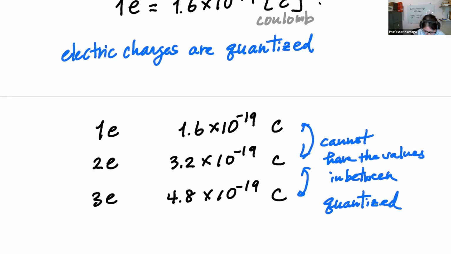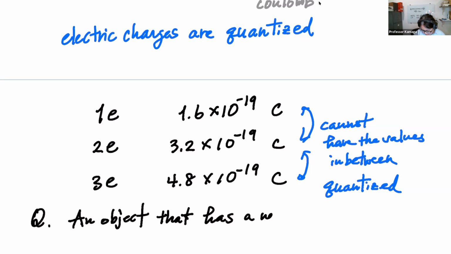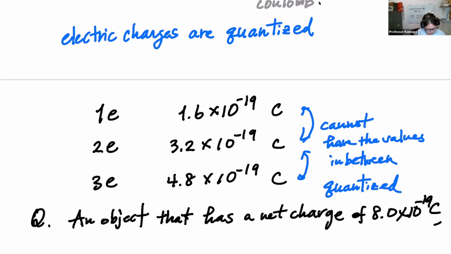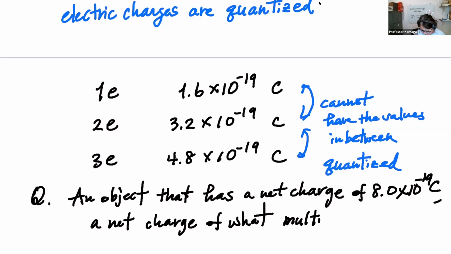If an object has a net charge of 8.0 times 10 to the minus 19 coulomb, this net charge is of what multiple of electrons?